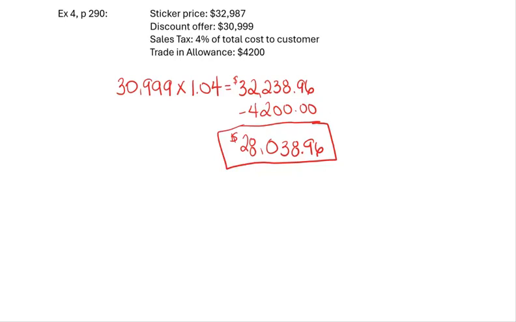But the problem also asked us to figure out the percentage of our discount offer. In other words, what percentage of $32,987 is $30,999? So we're going to think back to what we did in the fall when we were working on percentages.